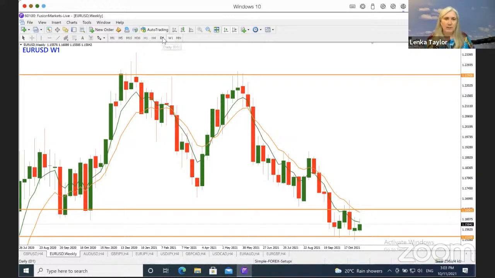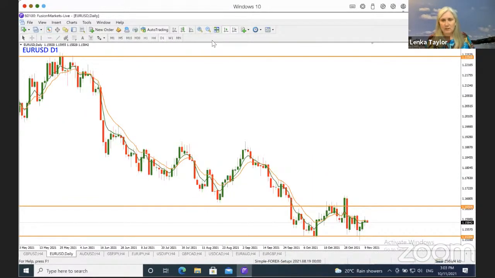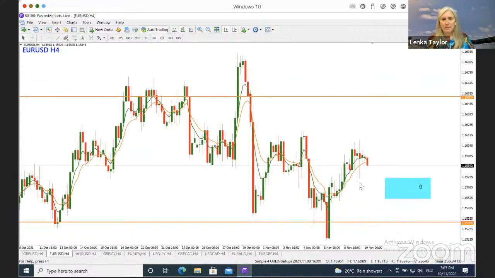So on the daily, let's see. We've had a bit of a bounce off the bottom support. Looks like potentially another reversal there. So on the 4-hourly, I'm looking for price to come back down, a little bit of a retracement to about here, and then I would be looking for a long.